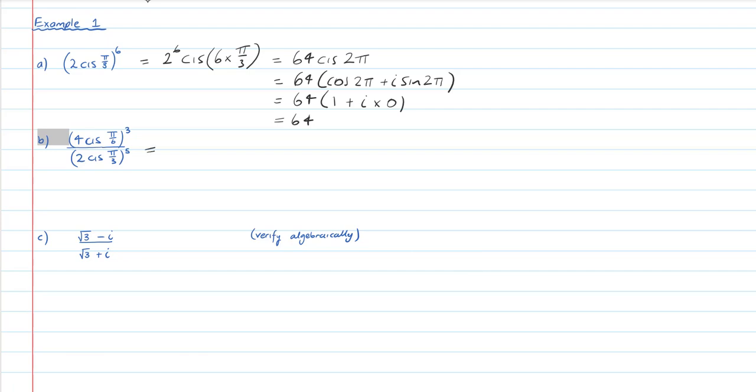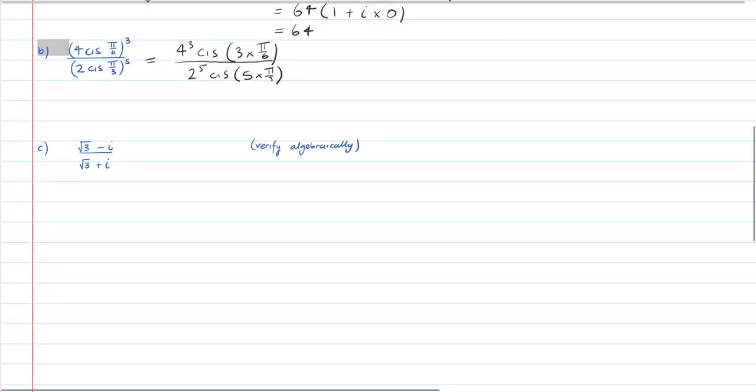Let's look at this second example now, which will take a little bit more work, but again, applying de Moivre's theorem, we do 4 to the power of 3, and then cis 3 times pi on 6, all over 2 to the power of 5, and cis 5 times pi on 3.